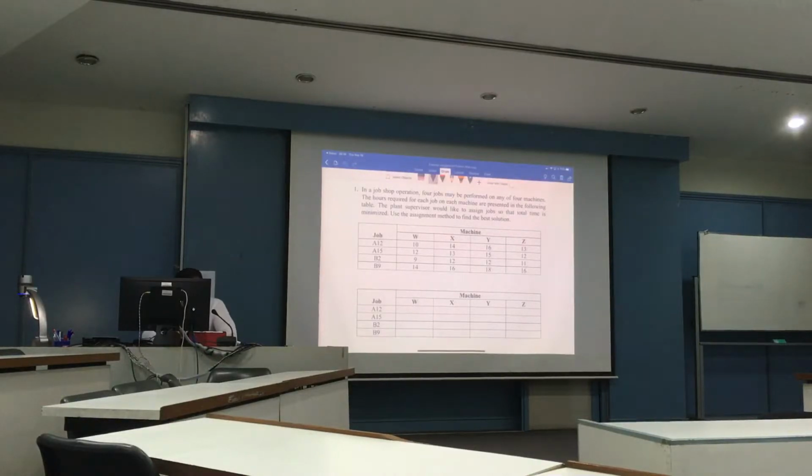Firstly, you can see this is a minimization. Secondly, the number of jobs and machines are equal, so no dummy. Then we can do just very simple steps. First, we do the row reduction. I'm going to circle the lowest value for each row.